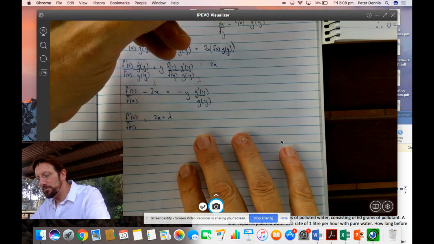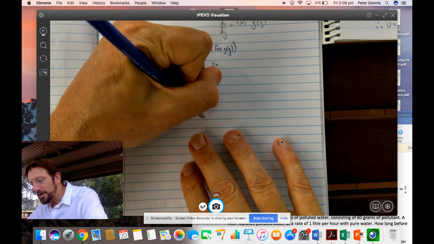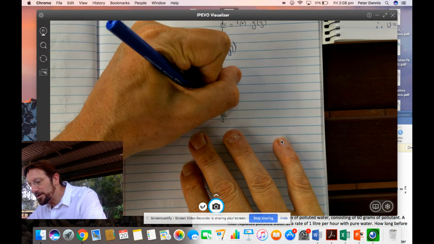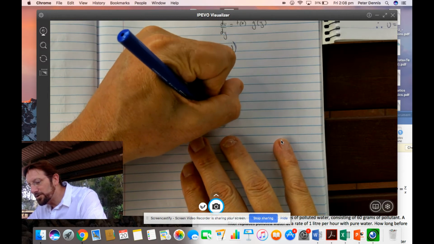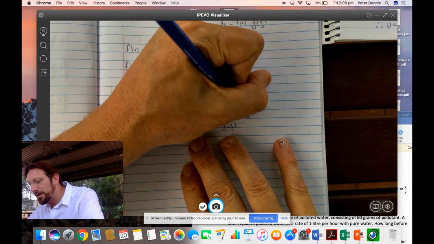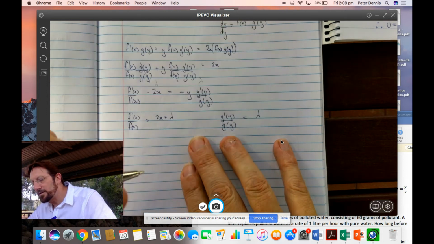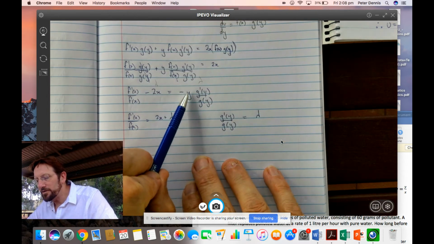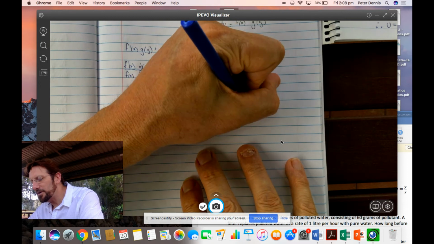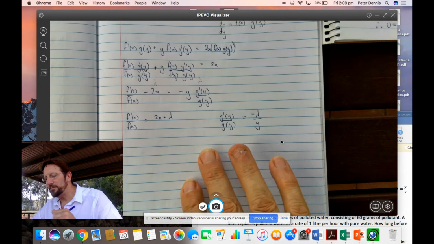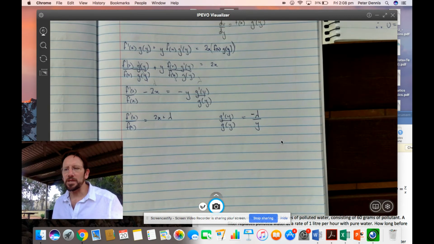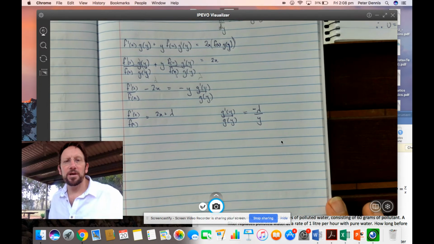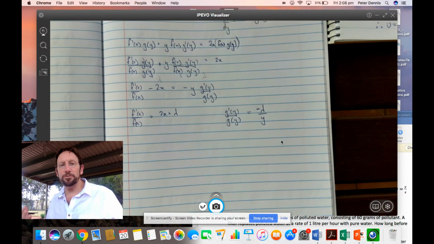And over here, what we've got is that g dash y over g of y equals, what haven't we done? We've got to divide this by the other side, so it becomes minus lambda over y. And now we've fully separated them, and now we're going to integrate both sides.